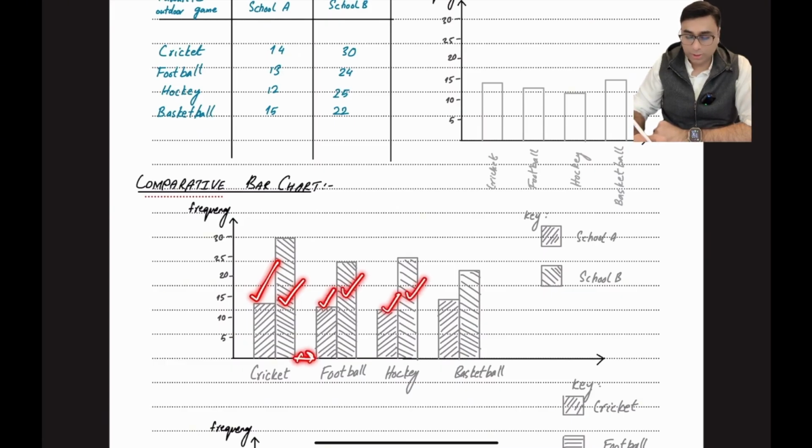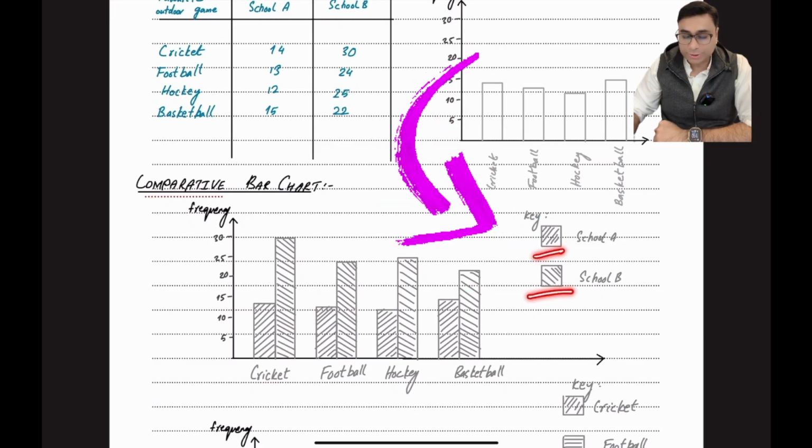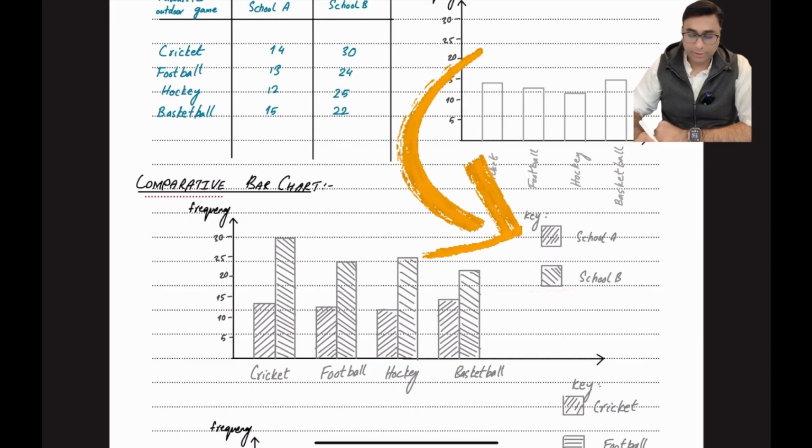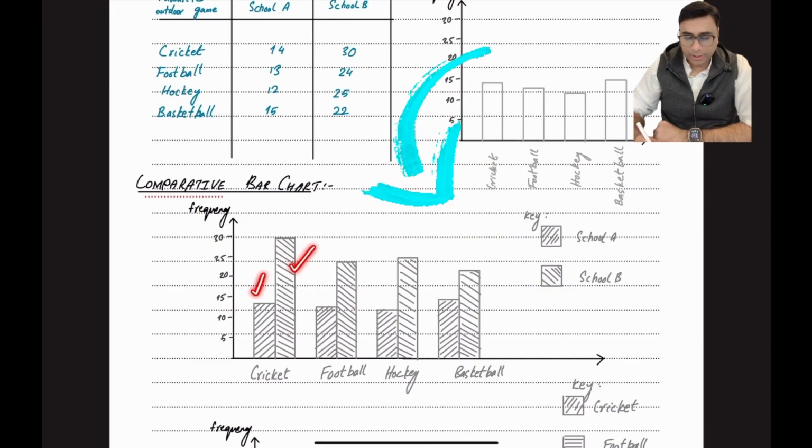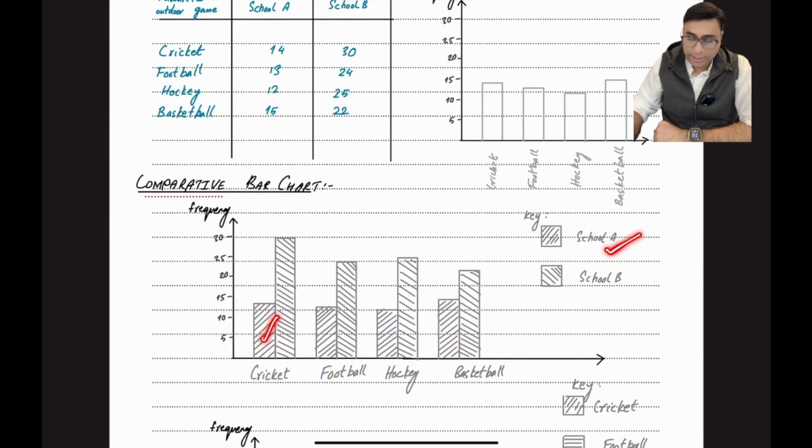Of course, you're going to leave spaces between the pairs of bars for different sports, and you will also assign a certain key to represent the two different schools. You can shade them differently, and write down a key right next to it that this kind of shading corresponds to school A and this kind of shading corresponds to school B.